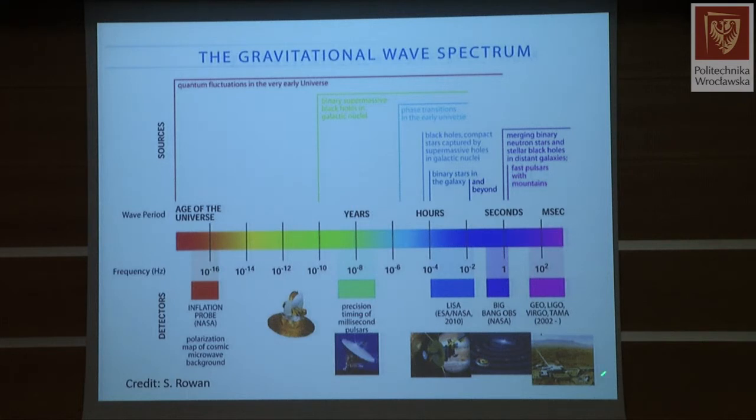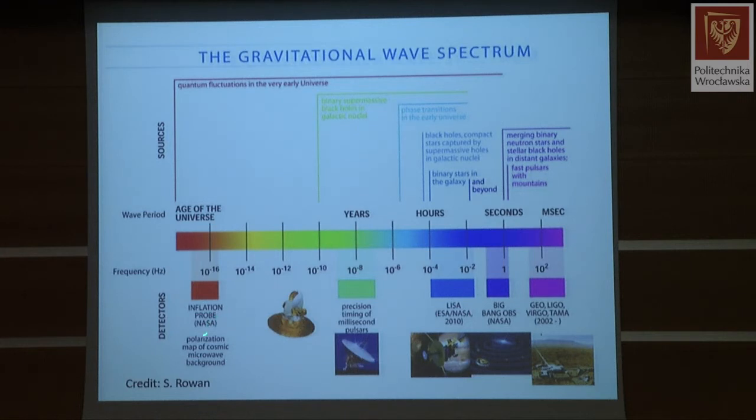There are also plans to build larger ground-based detectors. Gravitational waves are also searched for from timing of millisecond pulsars, which can detect a background from massive black holes. Also, from the cosmic microwave background, there are attempts to measure the so-called B-polarizations, which we now have.